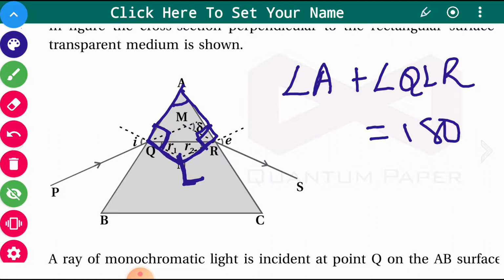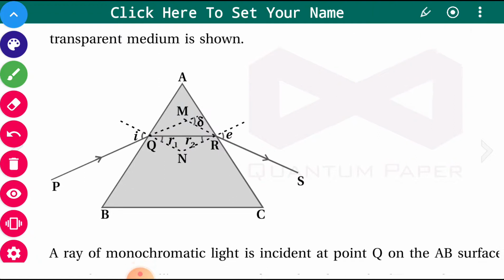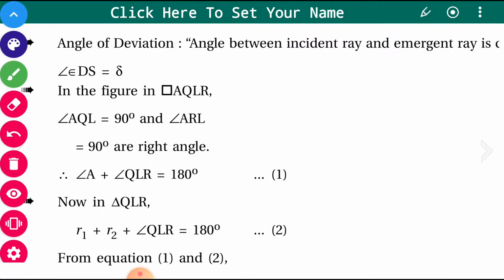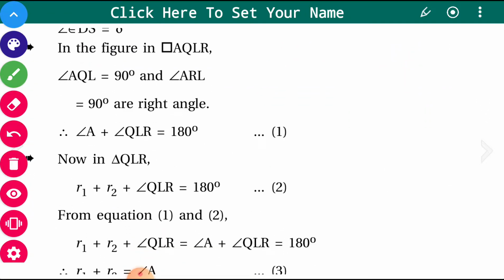So the rest of the two angles, that is angle A, which is called the angle of prism, and angle QLR will give you 180. So you can see, angle A plus angle QLR is equal to 180.